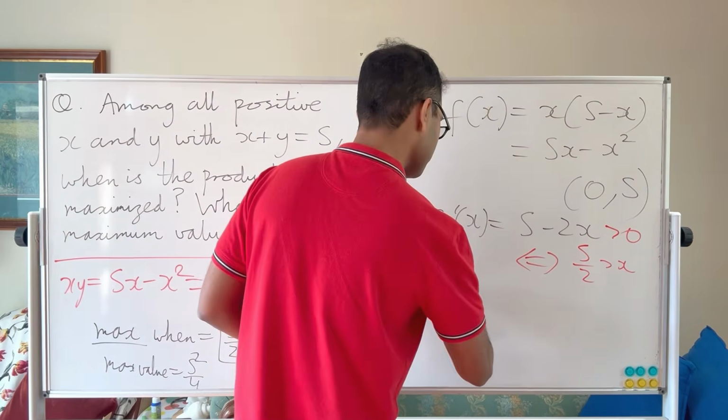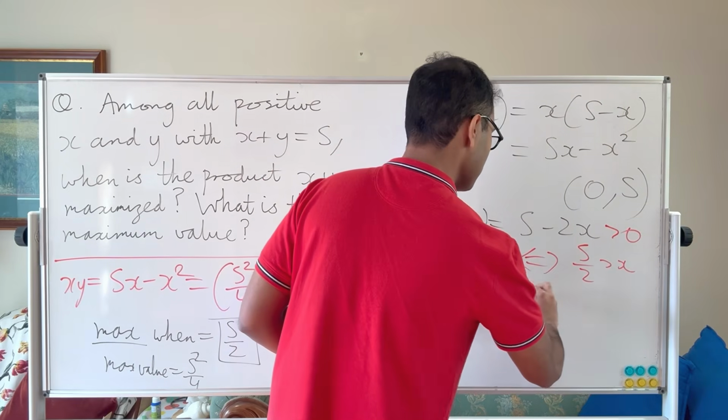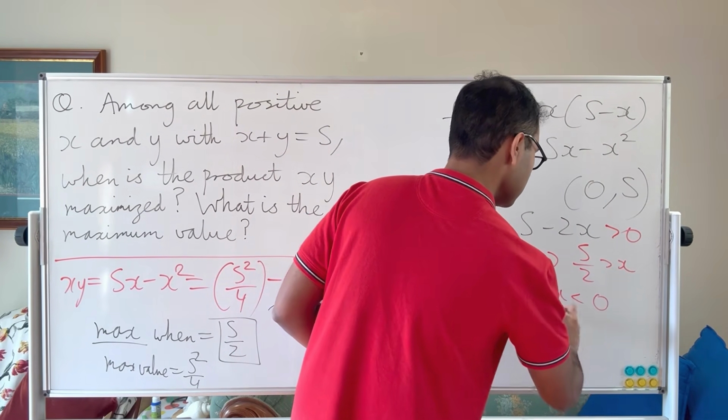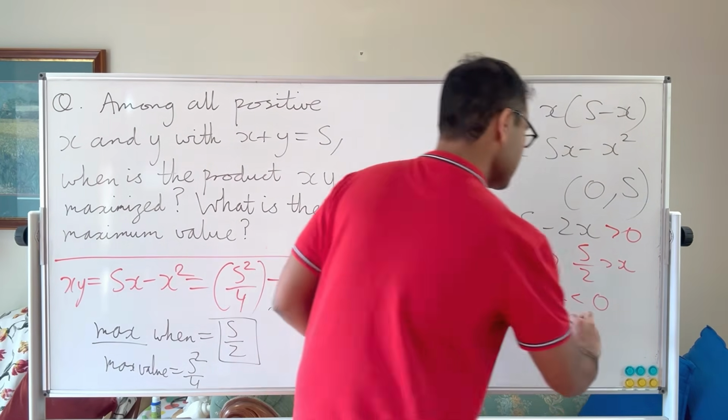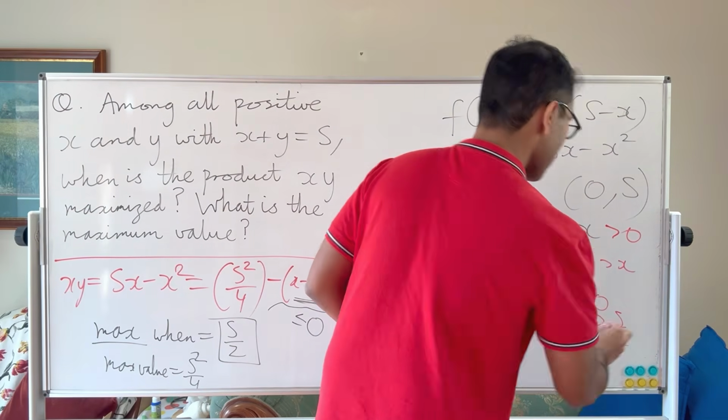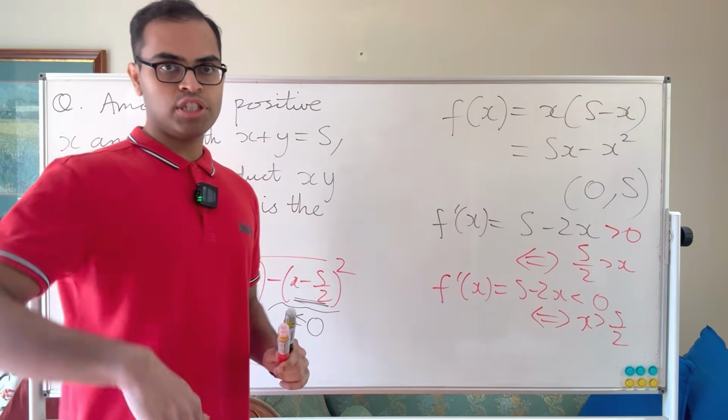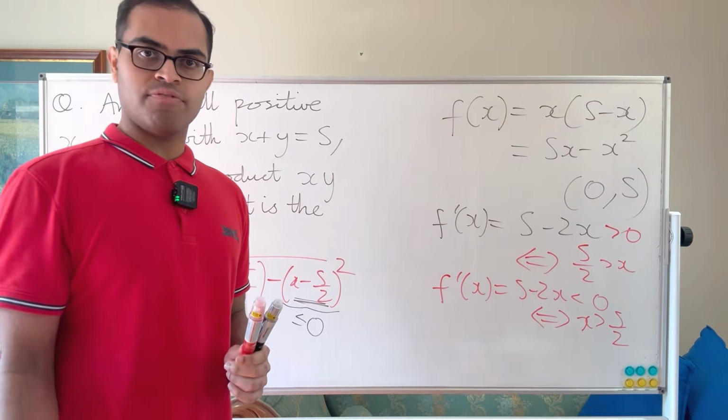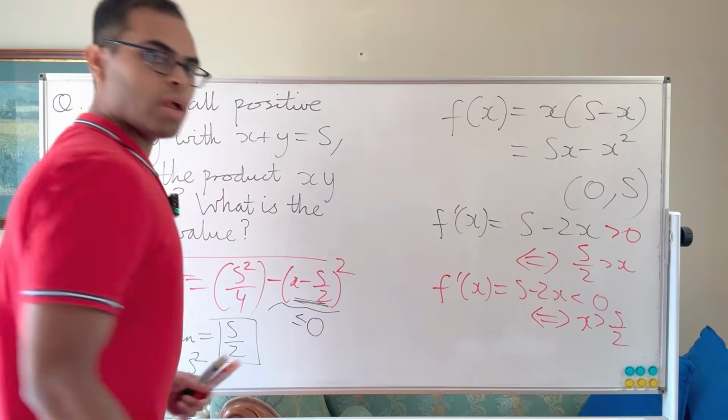And the derivative f prime of x equals s minus 2x is negative precisely when x is greater than s over 2. The derivative is positive when the function's increasing, and negative when the function's decreasing, something we saw when we had the parabola.